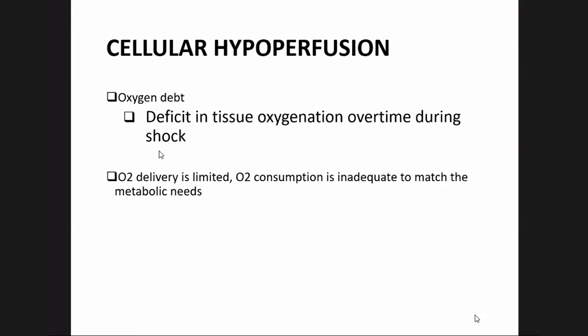Okay, so we have cellular hypoperfusion and oxygen debt. There is a deficit in tissue oxygenation over time during shock. Oxygen delivery is limited, and oxygen consumption is inadequate to match the metabolic needs.